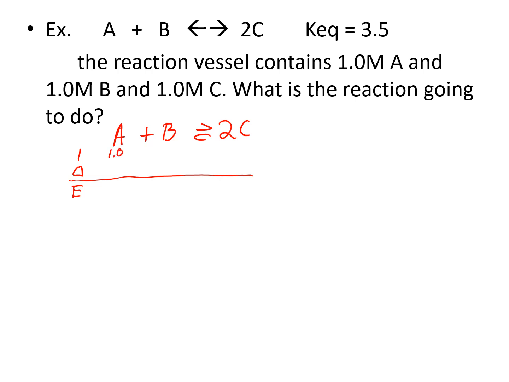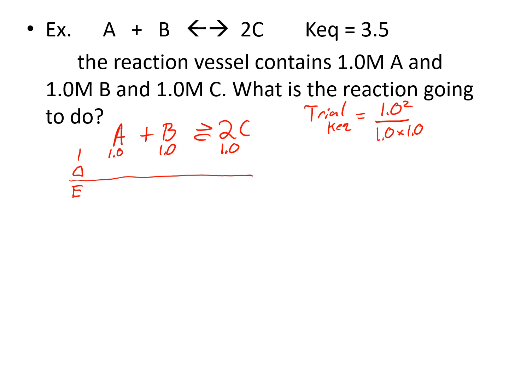Now, trial KEQ is nice and easy. It's going to be the products, which is 1.0 squared, over the reactants, 1.0 times 1.0.